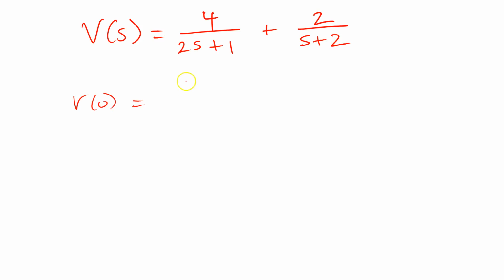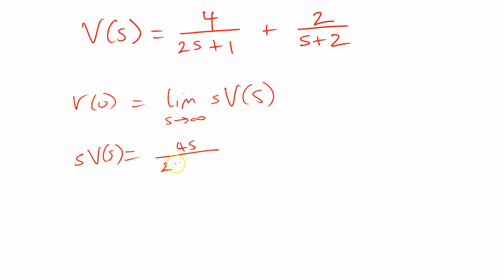So that will be equal to the limit as s goes to infinity of s V(s). So s V(s) will be 4s over (2s plus 1) plus 2s over (s plus 2).